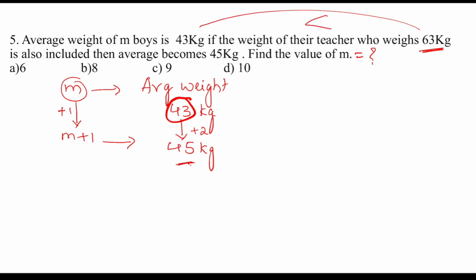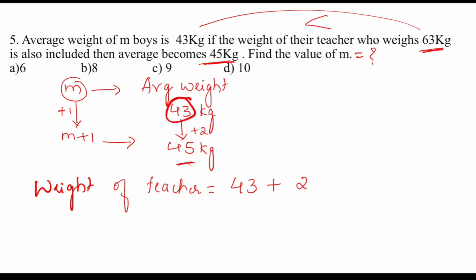Then only the new average increases. So the weight of the teacher is nothing but the old average 43 plus the increase in the average, 2, into the number of people, m plus 1, which I will take as n. That only we have to find out.